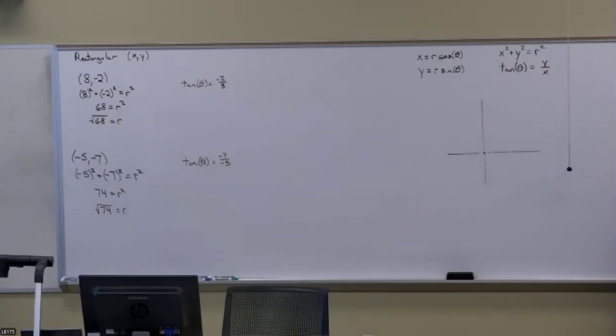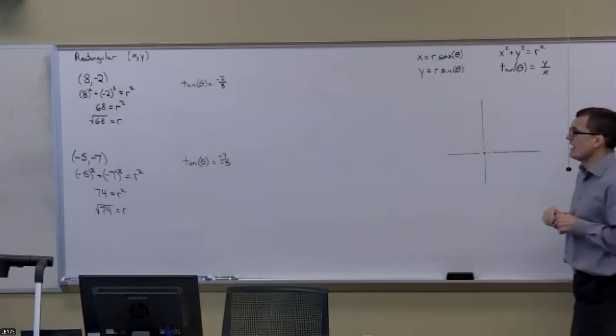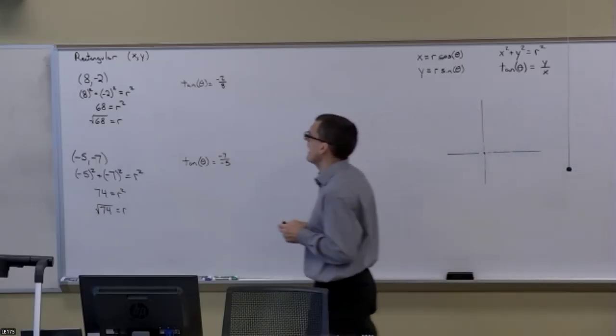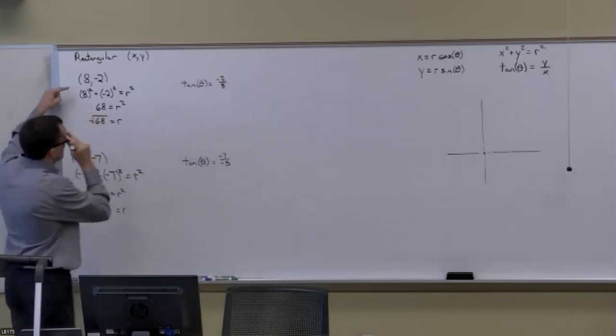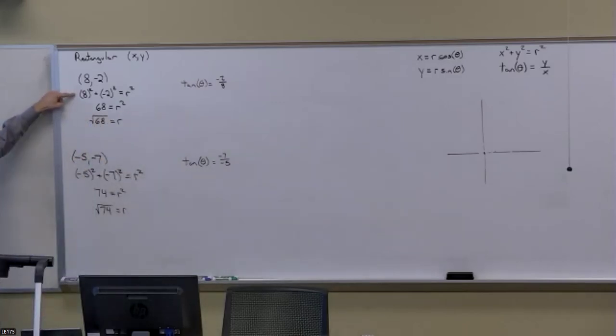All right. So once you've done these a few times, it goes pretty quick. Let's do the 8, -2. Use the Pythagorean theorem to get that r is equal to the square root of 68. We can get a decimal version of that if we want, but I'll just say square root of 68 right now.